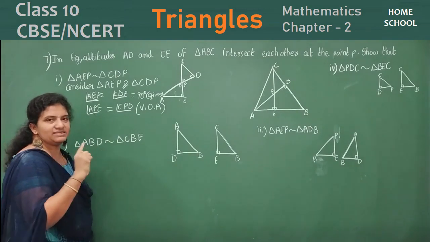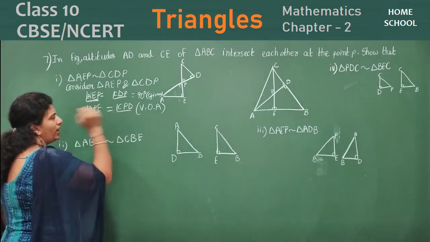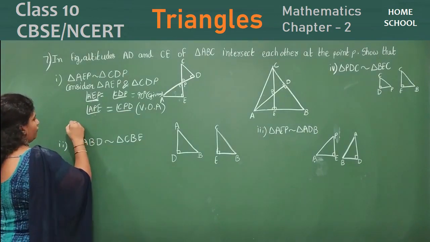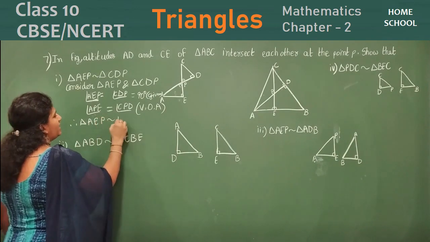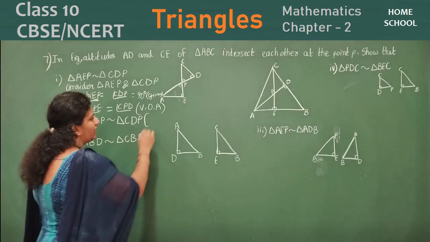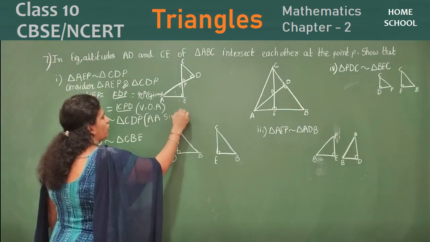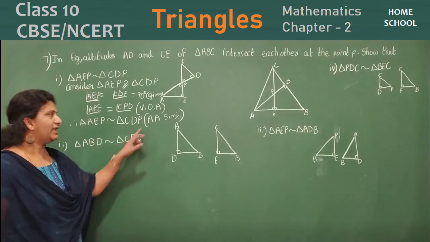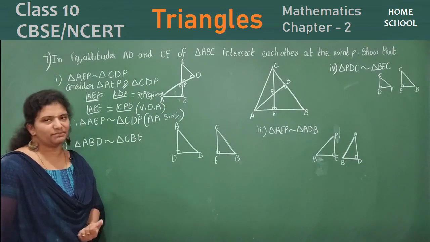These two angles are vertically opposite to one another. Therefore, the two angles are equal. Therefore, triangle AEP is similar to triangle CDP. By what criteria here? By angle similarity criteria. So you can write it. Right? Angle similarity criteria. These two triangles are similar.